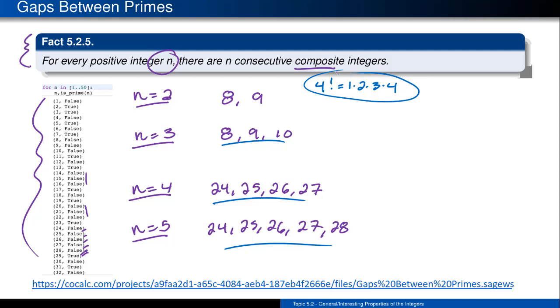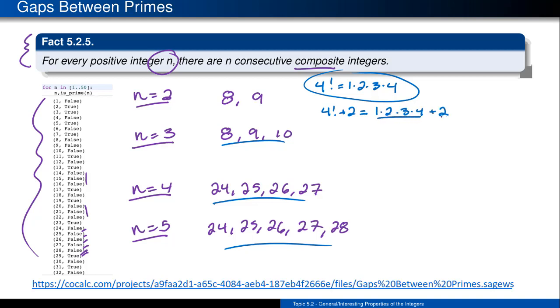So what I want to do is look at this number 4 factorial, and think about adding something to it that's going to keep some really nice divisor. If I look at 4 factorial and add, let's say, a 2 to it, I'm going to get 1 times 2 times 3 times 4 plus a 2.